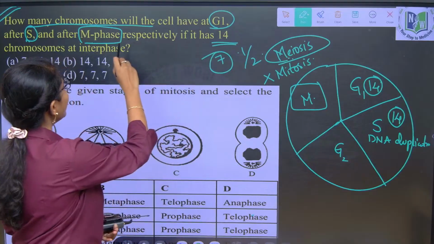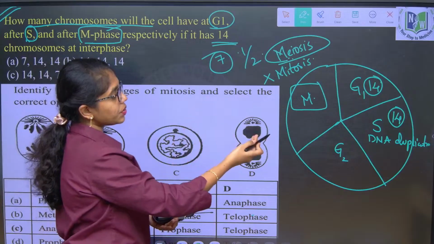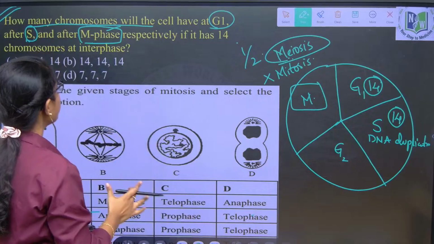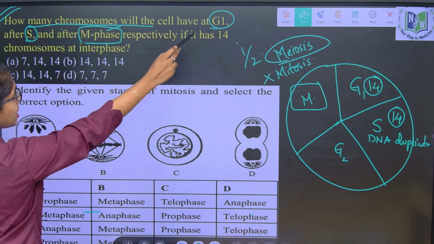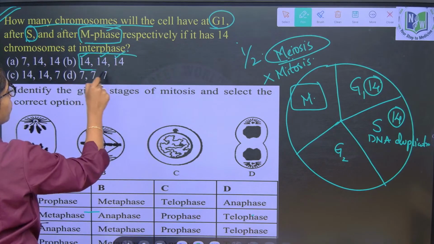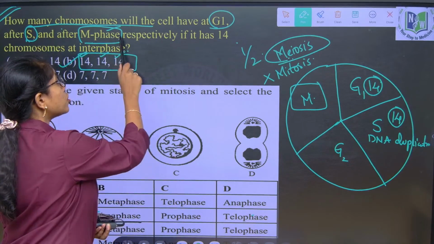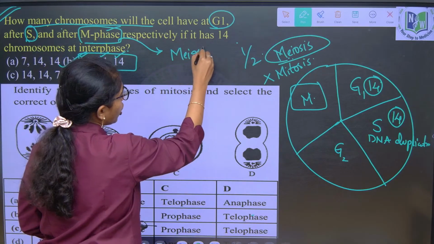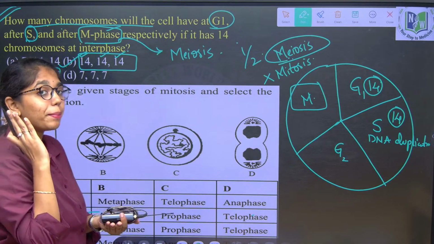But here he didn't mention whether M phase is mitosis or meiosis, so we are considering it as mitosis and the chromosome number remains unchanged. Now what option do we go for? The chromosome number will be the same in G1 phase, S phase and after the M phase also. That is option B. If in case instead of M phase he clearly stated meiosis, then what option would you choose? 14, 14, and at the end of meiosis the chromosome number gets halved.